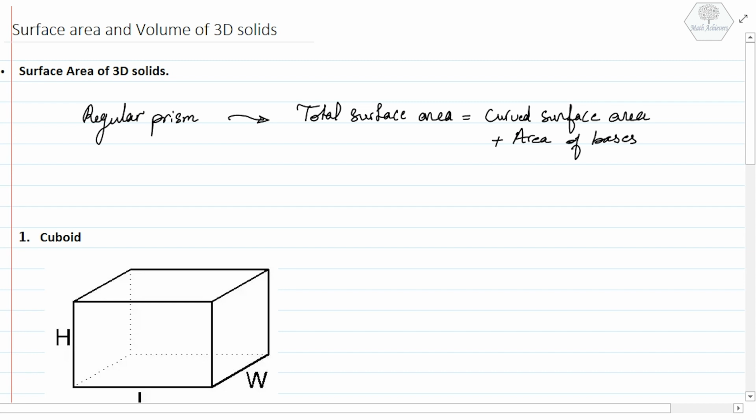The area of base always depends on the shape of the base. If it was a circle, then the area equals pi r squared. If it was a square, then it's side by side. Or if it was a rectangle, then it's the length times the width.